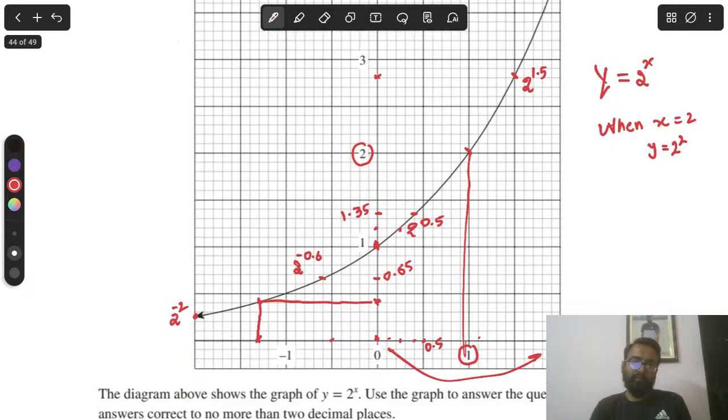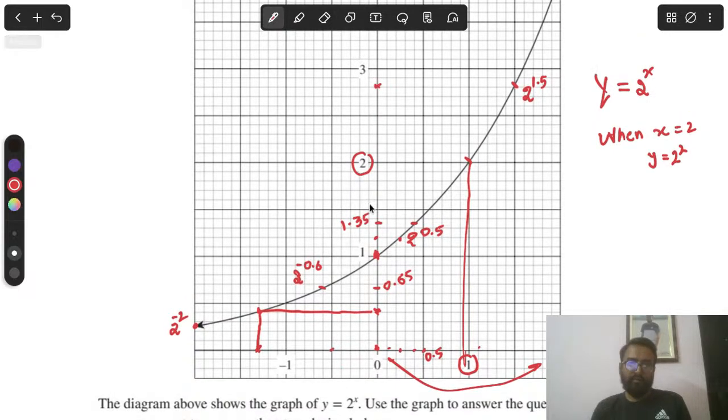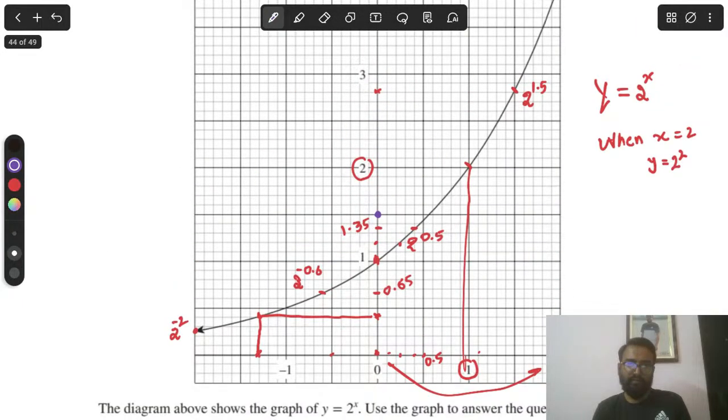Where is 1.5? Here is 1.5. I'm taking another color. This is 1.5. 1.5 to 3. There is a graph 3. Can you provide the answer?